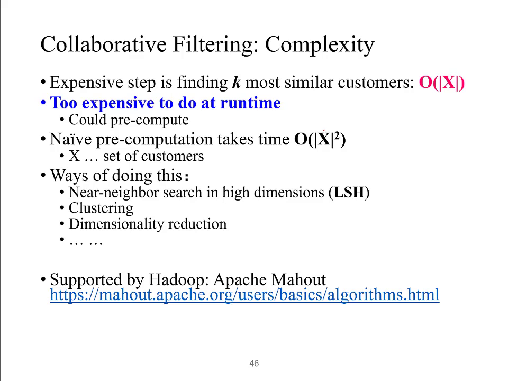And if we consider advanced algorithms to do the pre-computation, for example, we can use near neighbor search in high dimensions, such as LSH, which we have introduced before, or some clustering algorithms. So we can cluster similar items or customers together in one cluster, or use some dimensionality reduction techniques to reduce the computation cost.